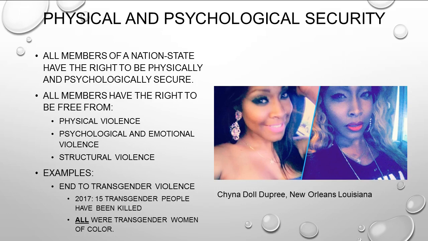And so what people who focus on this particular issue or other similar ones look at is how particular groups of people, particularly poor people of color and poor transgender people of color, even more specifically, experience disproportionate levels of violence, whether it's physical, like homicide, psychological and emotional, like harassment, or structural violence, which basically means anytime the state uses its power to cause harm, so things like police brutality, racial profiling, gentrification, anything that disproportionately affects particular groups of people and causes harm to them.